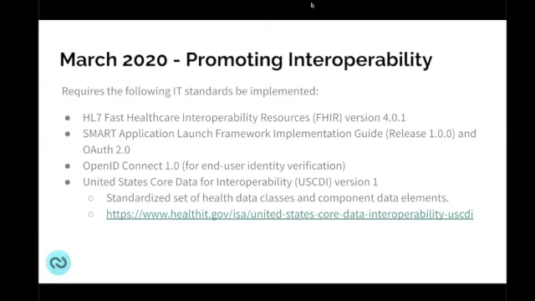OpenID Connect, so that's for end user identity verification on an API, OpenID Connect version 1.0. And the other thing that is being put in place with promoting interoperability from a standards perspective is the USCDI. So that's the United States Core Data for Interoperability, version 1 of that.